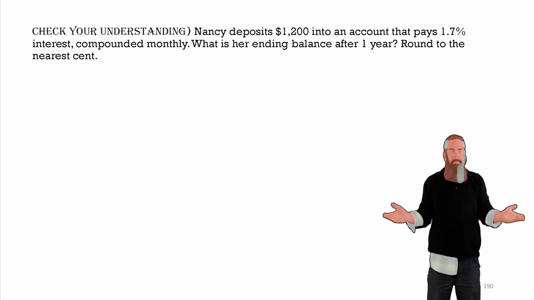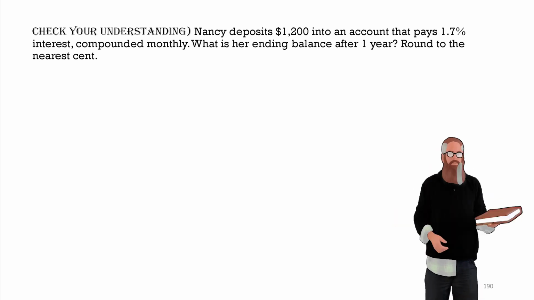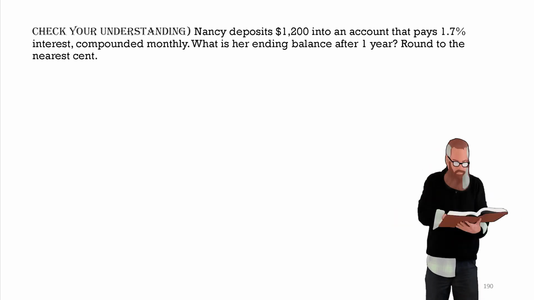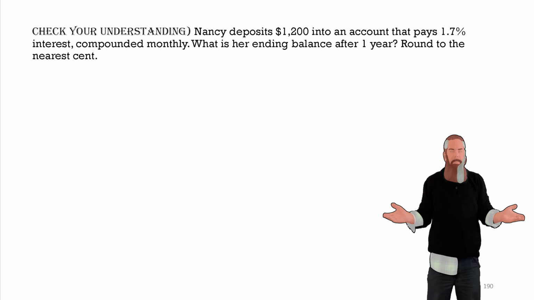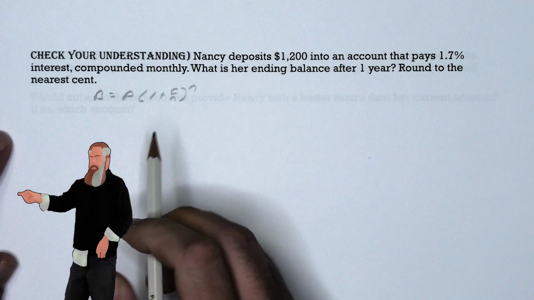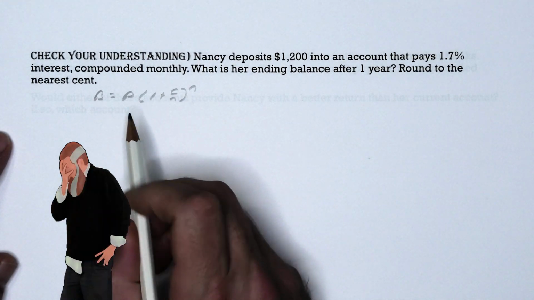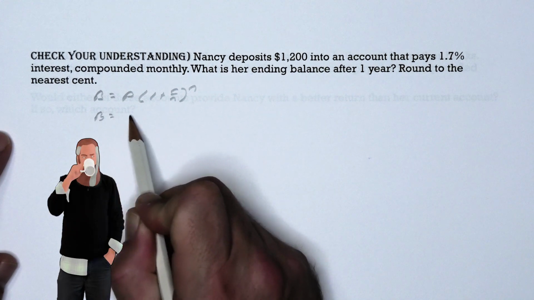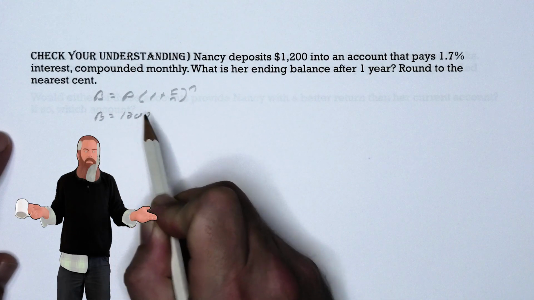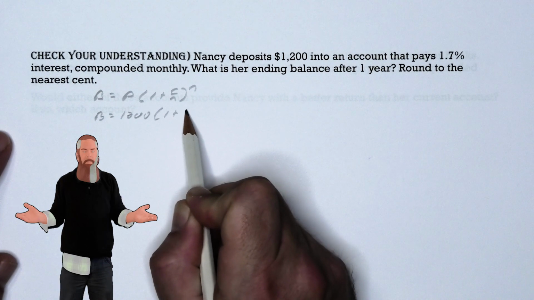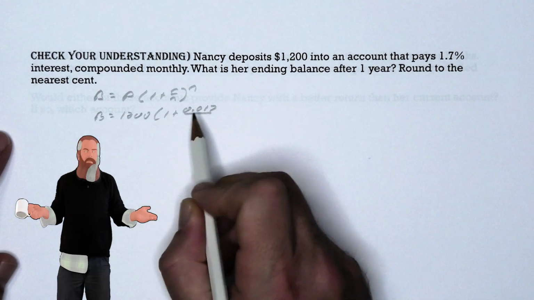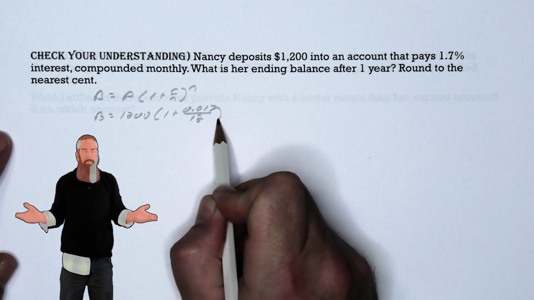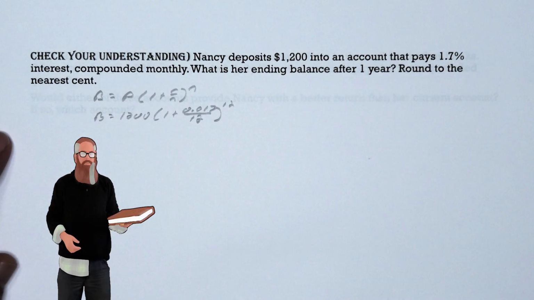Let's check our understanding. If Nancy deposits $1,200 into an account that pays 1.7% interest, compounded monthly, what is her ending balance after 1 year? And we're going to round this to the nearest cent. So we start with our formula once again, and we can just fill in some values where $1,200 is her principal amount. So 1 plus an interest rate of 1.7%, which is 0.017 divided by 12 for monthly, and raise this to the 12th power.